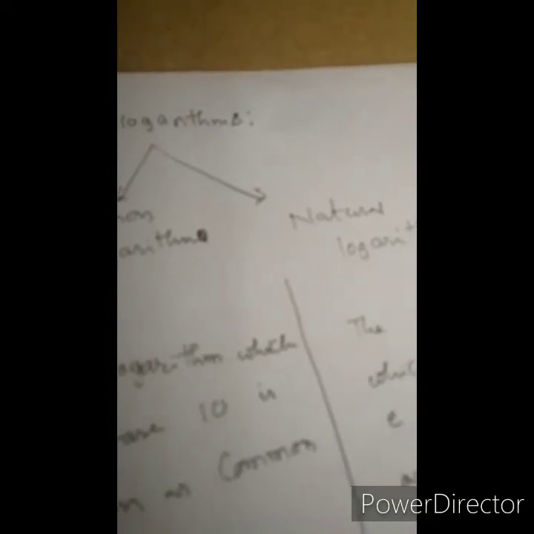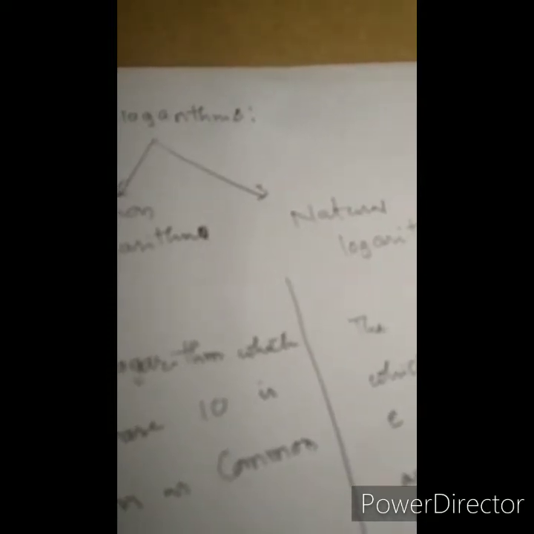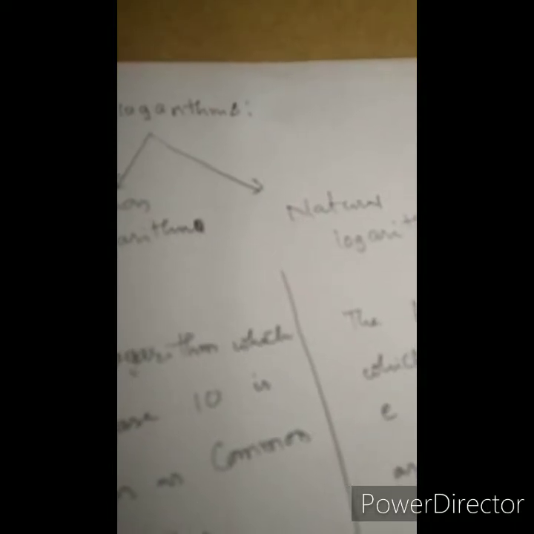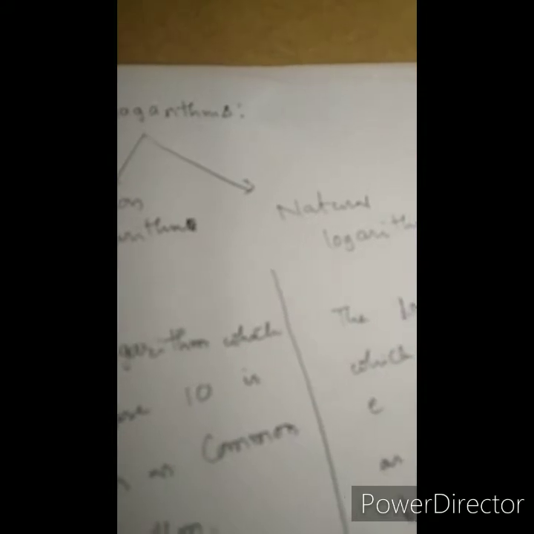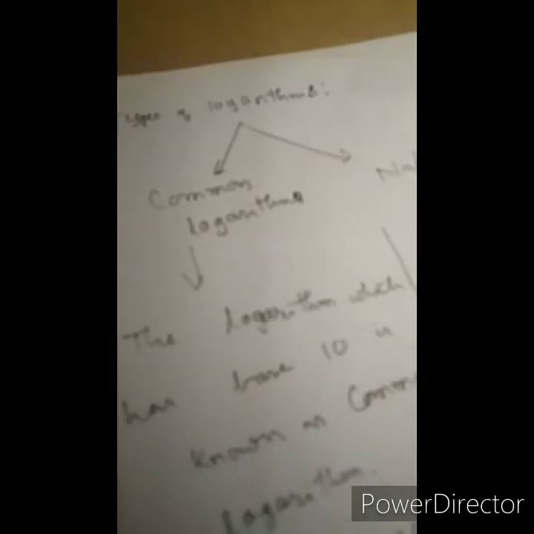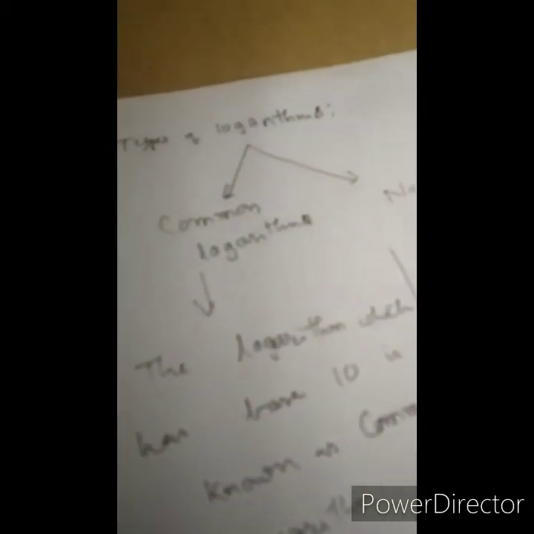It is an irrational number whose value lies between 2 and 3. Its approximate value is 2.718 and so on.